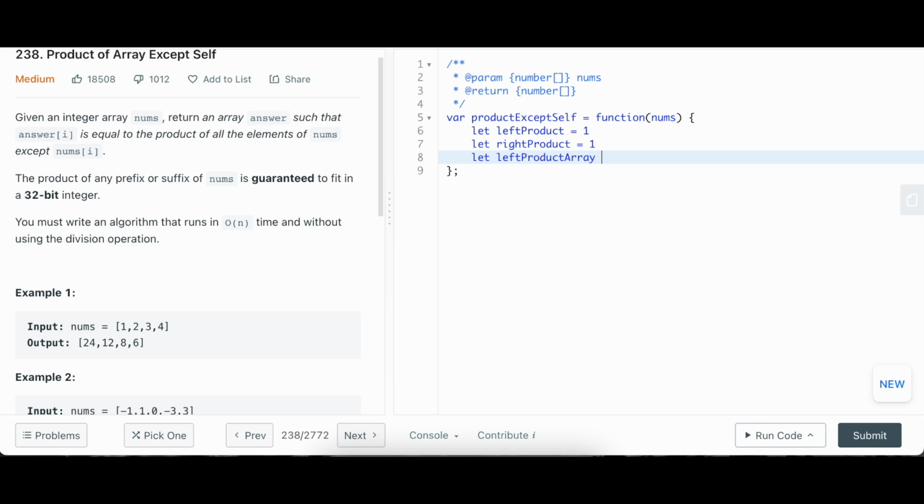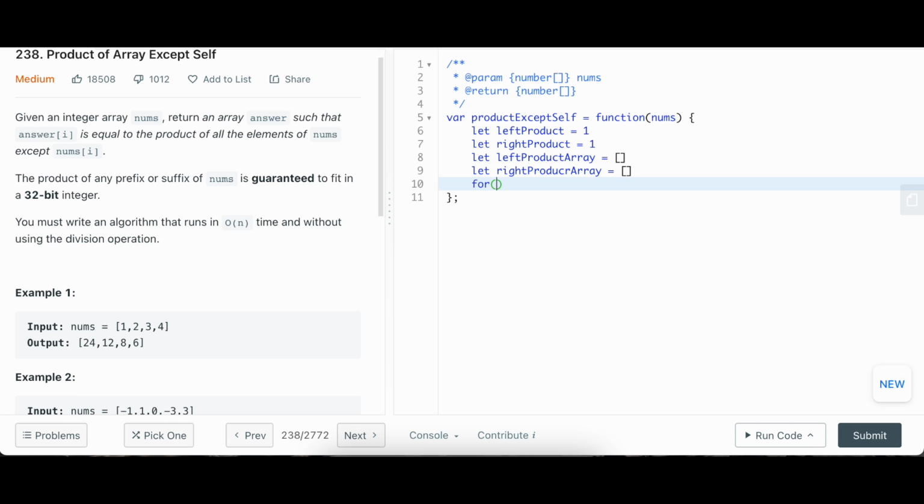What does this array represent? This array will represent the product of all the elements to the left side of it, including the current index. So let's initialize it to be an empty one, and then we have the right product array, which will represent the product of all the elements to the right side of it, including the current element.